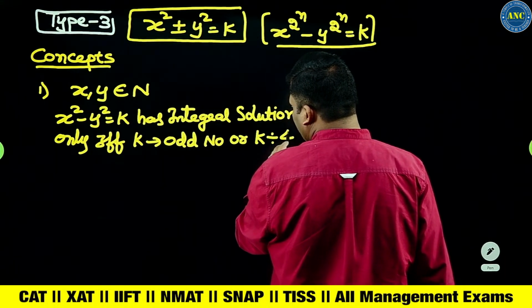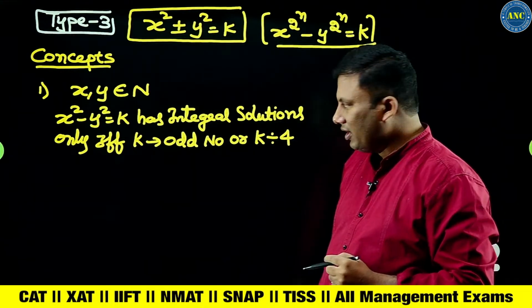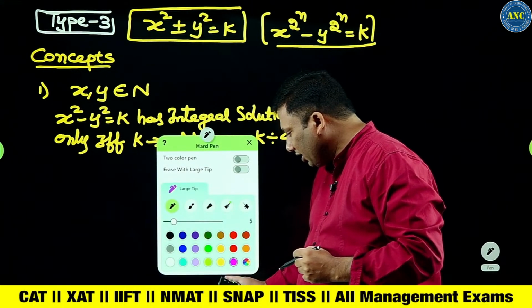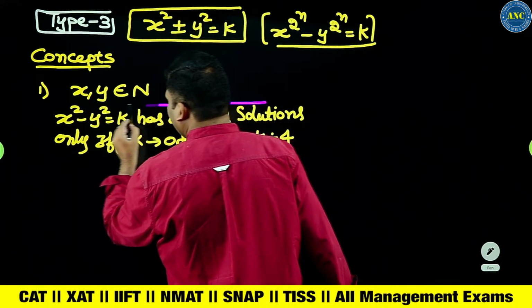Under these 2 cases only, the equation will have integral values of x and y. Please put a star mark, sir. Extremely important. A few years before, a question came from this concept, sir.